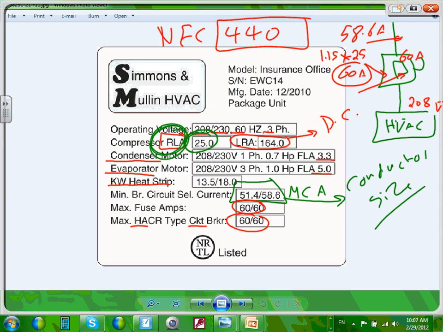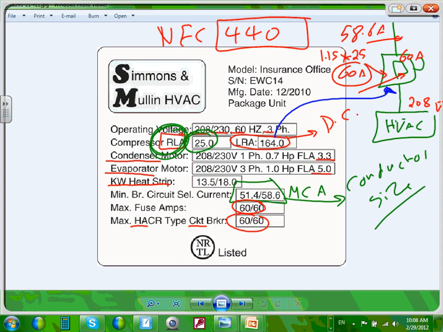You size it based on 1.15, and then you also have to make sure its size handles the locked rotor current, horsepower-wise. I'll show you the table that we use. It's sized to handle 164 locked rotor current, horsepower-wise.